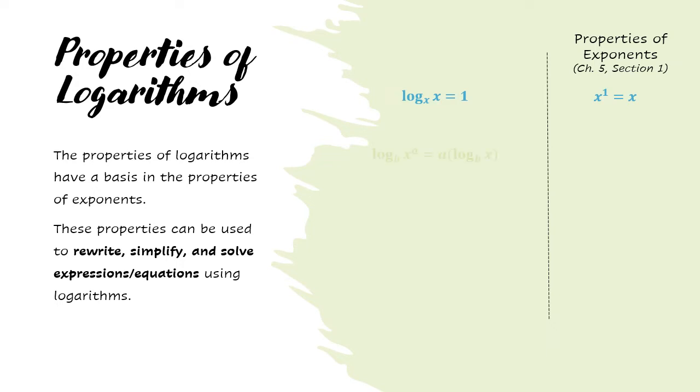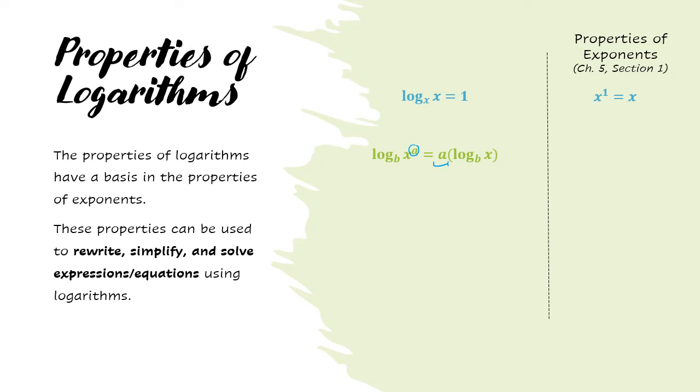Let's complicate things a little bit. Our next property of logarithms is log base b of x to the a power. We're raising the number that we're taking the log of to an exponent. Another way to rewrite that is to take that exponent and multiply it by the log with the same base of that value. I'm going to circle our exponent and point out that we're putting it in front of the log expression.